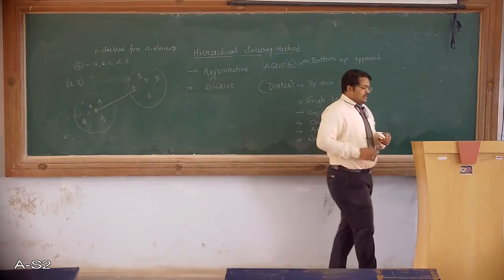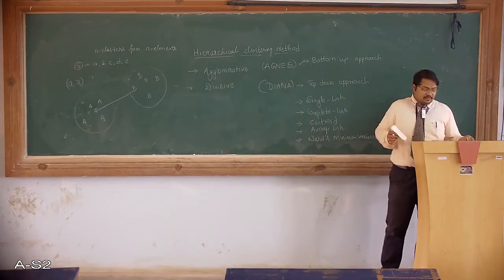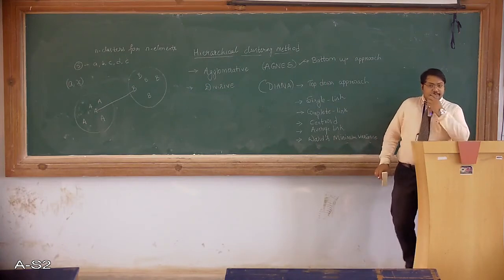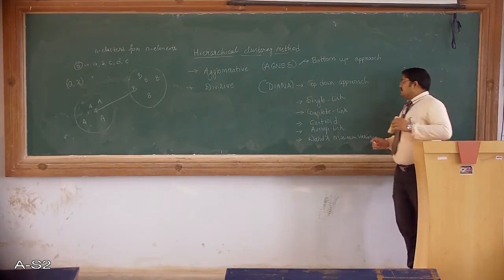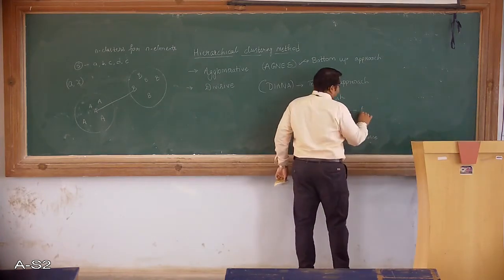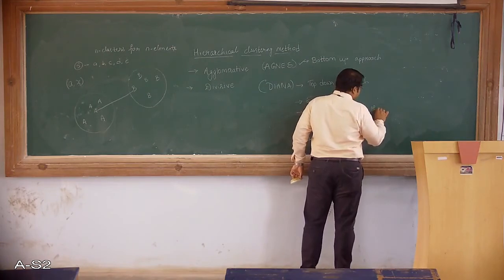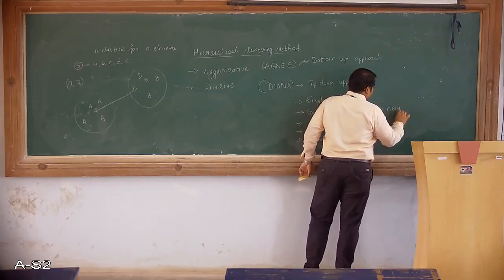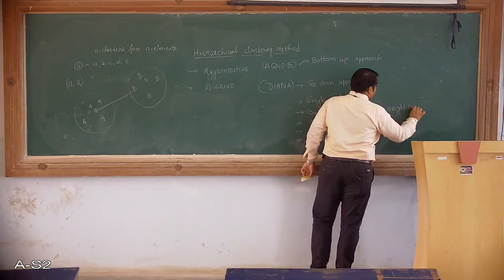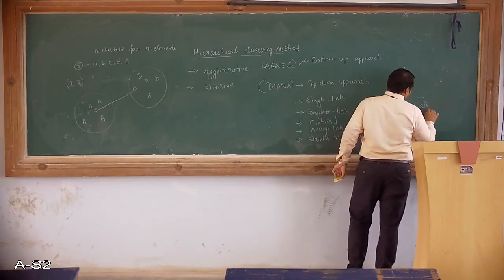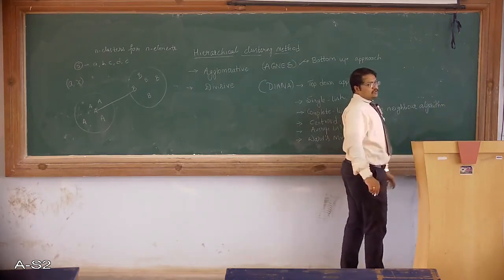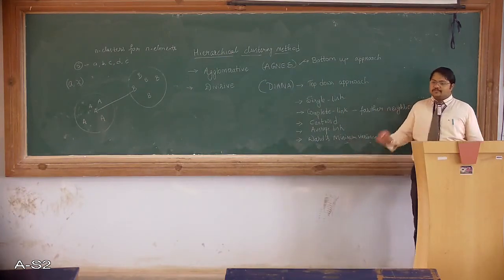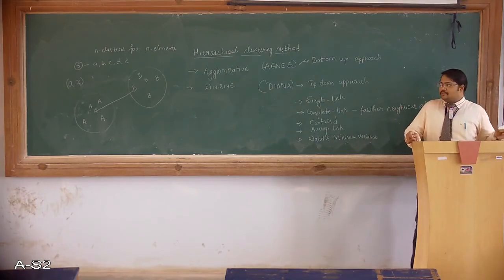So now the next thing is complete link. Complete link is called the farther neighbor algorithm. As the name suggests, it computes the maximum distance between the pair of points, and that will be considered.